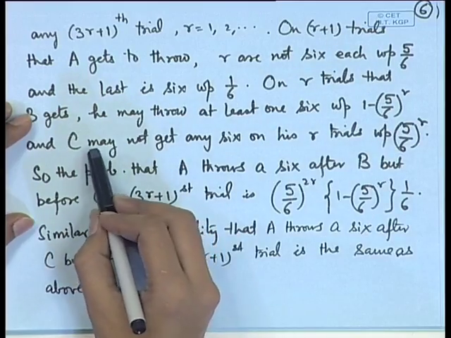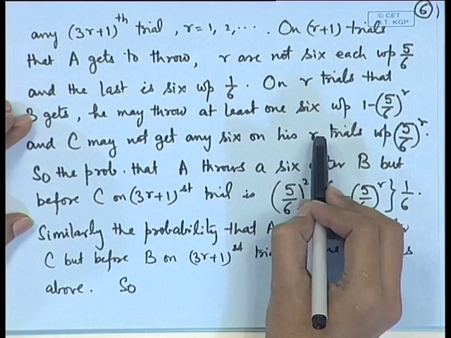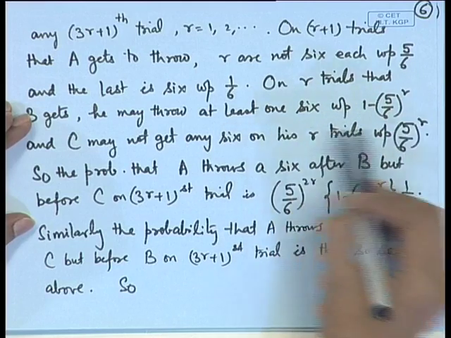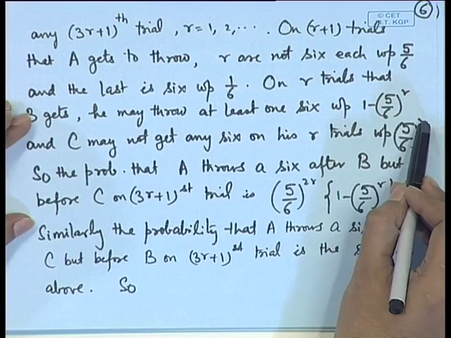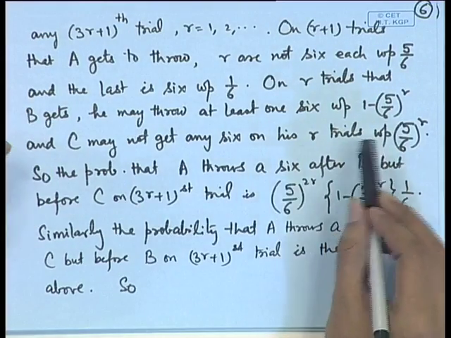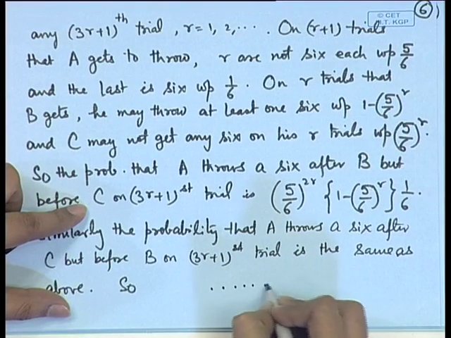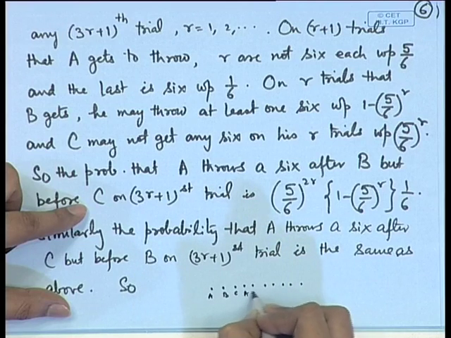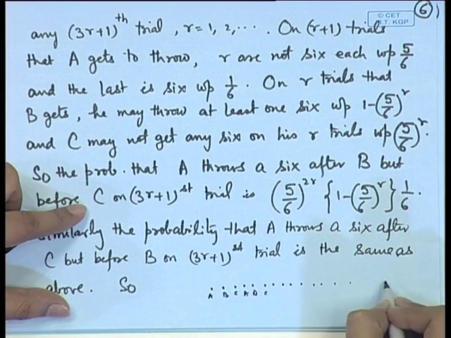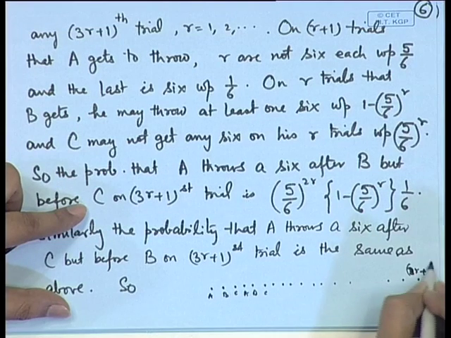So, now if B is getting at least 1 six, then C must not get a 6. So, on each of his r trials, C will not get a 6 with probability 5 by 6 to the power r. Now, the entire event can be split, that you have A, B, C, etcetera, and this is the 3r plus 1th trial.